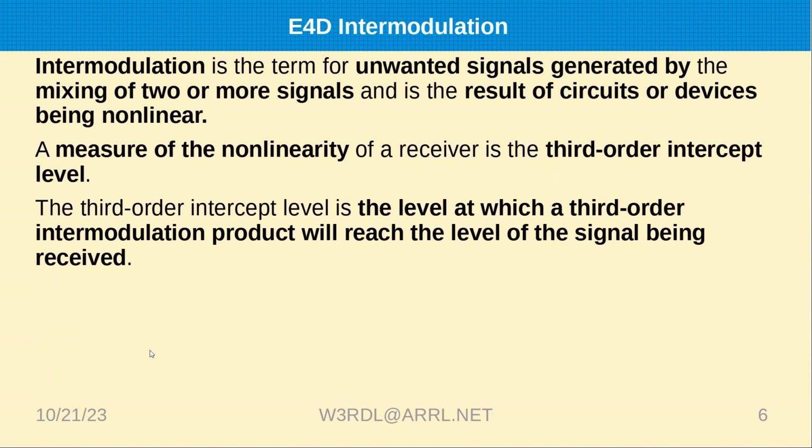Intermodulation. So if you have a device that's nonlinear, your receiver, your amplifier, a rusty copper or a rusty pipe joint somewhere can act as a nonlinear detector and generate intermodulation products if it's receiving signals.